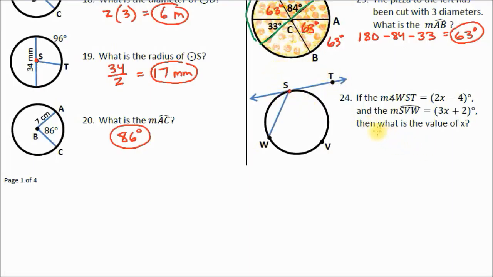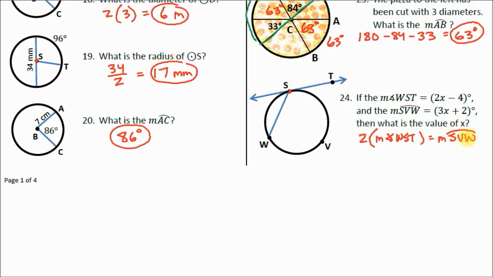So that means that if I put it in an equation, I could say 2 times the measure of angle WST is equal to the measure of arc SVW. This is our property. If SVW were 20, then the measure of angle WST would be 10. 2 times 10 is 20.